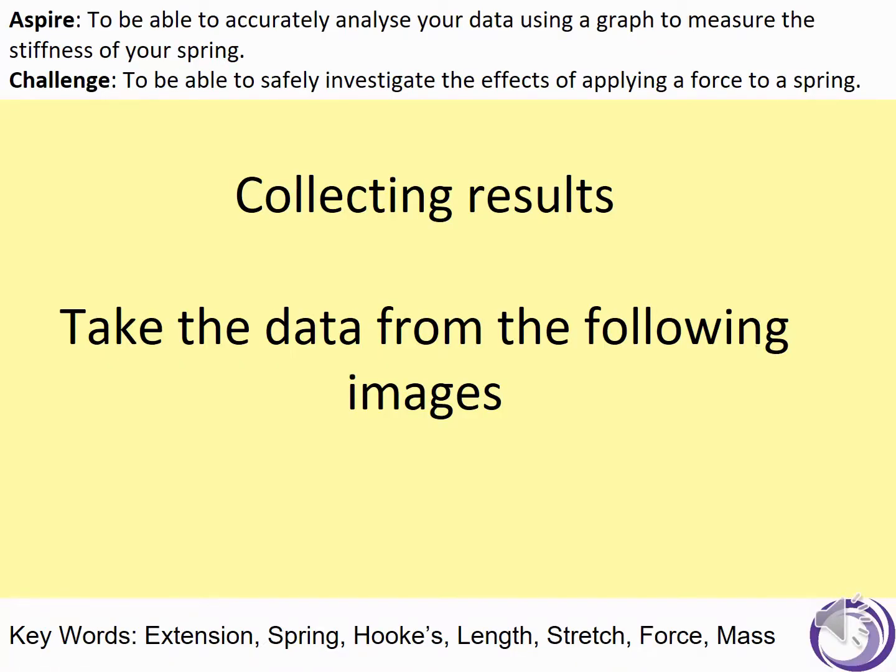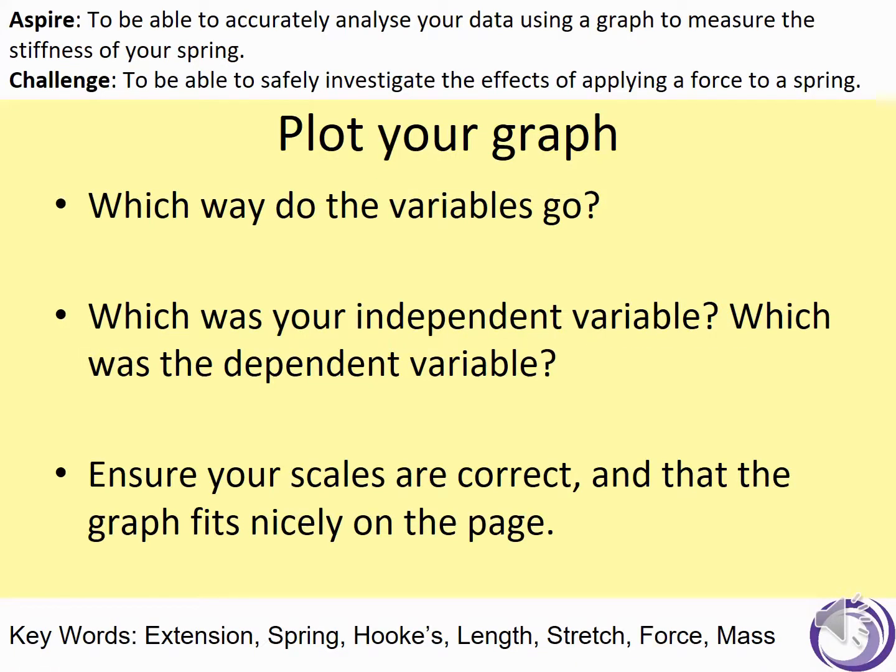So now we have collected some data and converted it appropriately and calculated extensions, we need to plot that on a graph. The question we're asking now is, which way do the variables go?